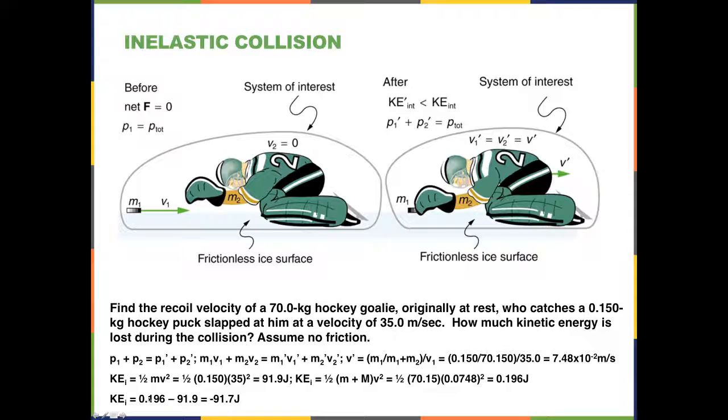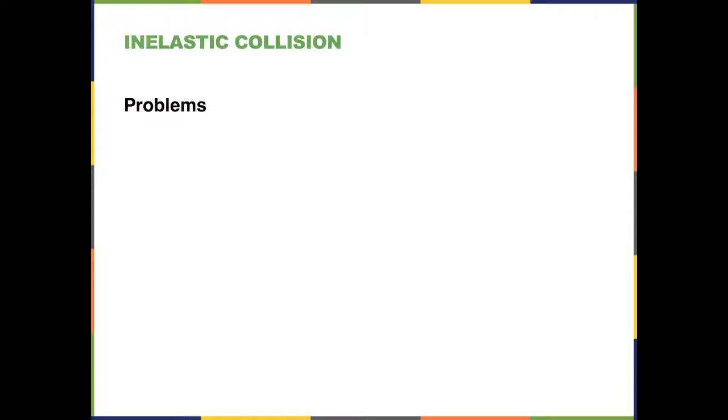So lost in the collision is 91.7 joules. Remember in the previous example, when the two blocks collided, it went from a positive kinetic energy to 0. So there's generally a loss of kinetic energy when there's an inelastic collision.